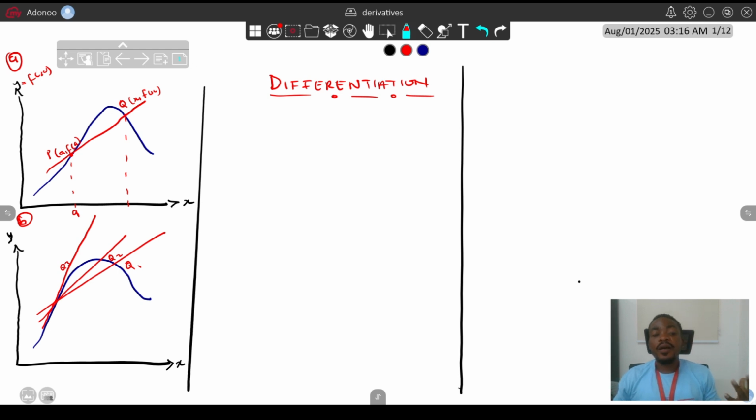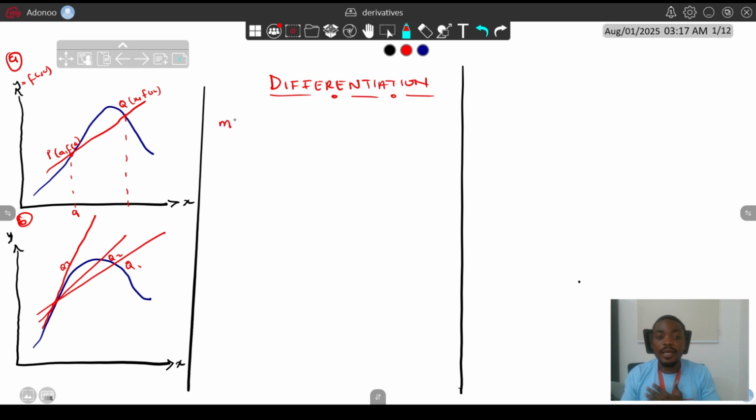We can simply find the slope of this curve by choosing a point in the neighborhood on the curve. So let's say we choose Q, right? If we choose Q, then we have 2 points. To find the gradient of this line that cuts 2 points on Q, we know the formula for gradient.